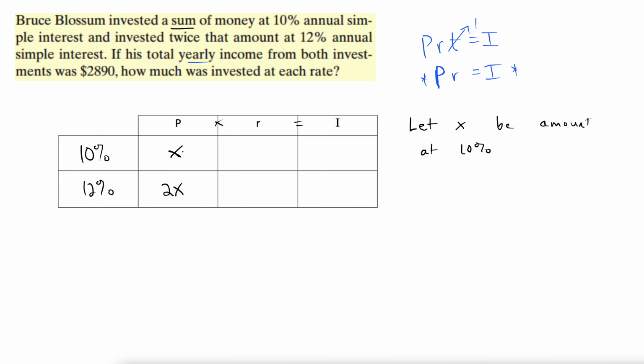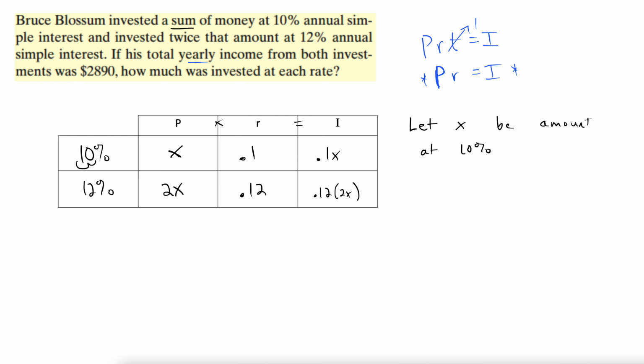Rate, well we don't write 10%, we write 0.1. I moved that decimal 2 to the left. Similarly, we write 0.12. Multiply across, principal times rate equals interest. So 0.1x and 0.12 times 2x.